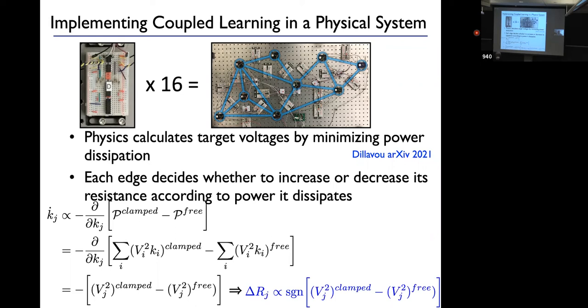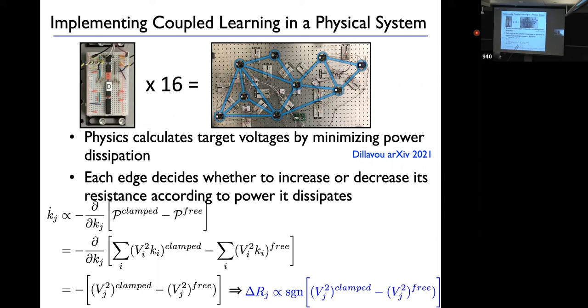You can't apply two different sets of boundary conditions at the same time. So what they did, which I think is just fiendishly clever, is to make two copies of the network. Identical copies of the network. And now each edge is actually this pair of twins, this pair of edges.